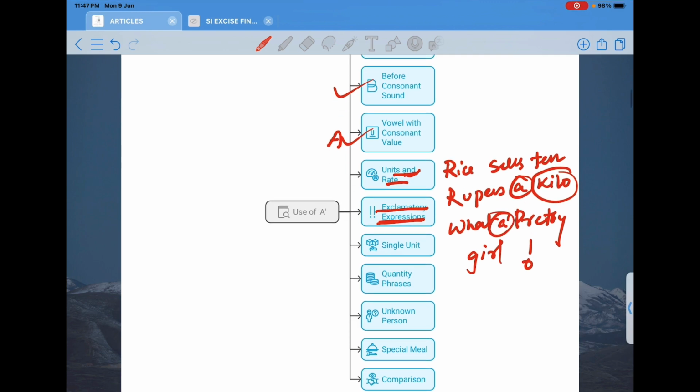Next is single unit. Now what is this single unit? When two subjects or articles are thought of as a single unit. For example, "He was ready with a cup and saucer."